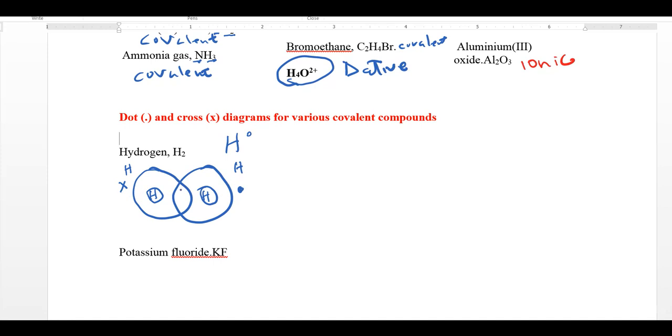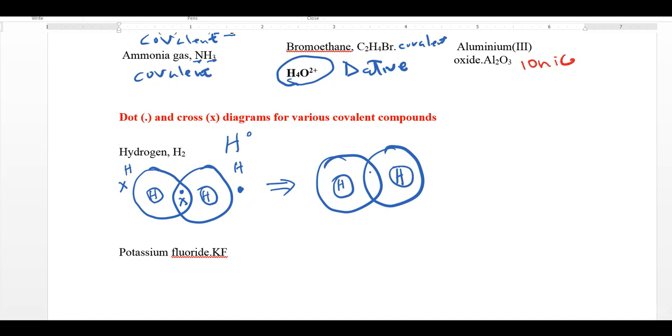So they share one like this. Once you have sketched the sides, we need to see a clear diagram. So you draw a very clean diagram, H, like this, like this. So that is hydrogen gas. This is a hydrogen molecule. This one can also be written as H-H. This one is also good.